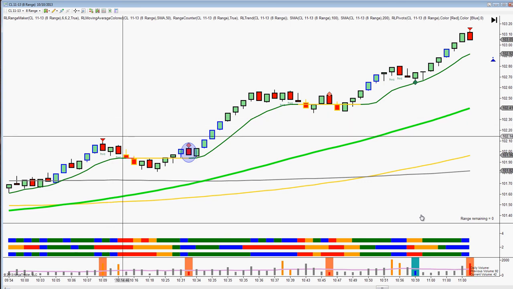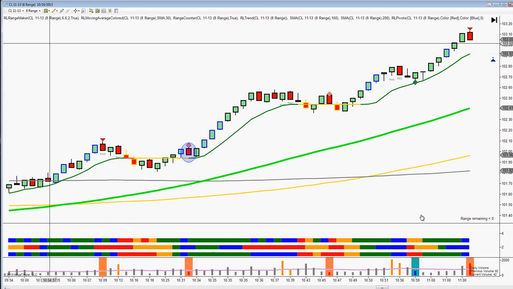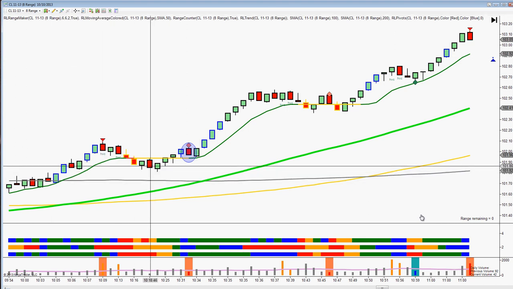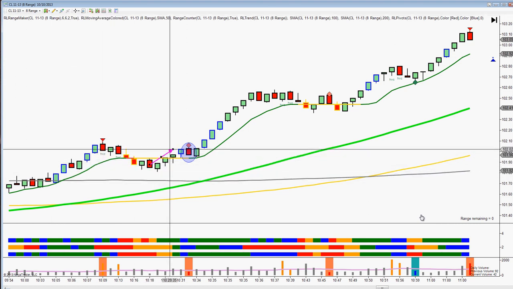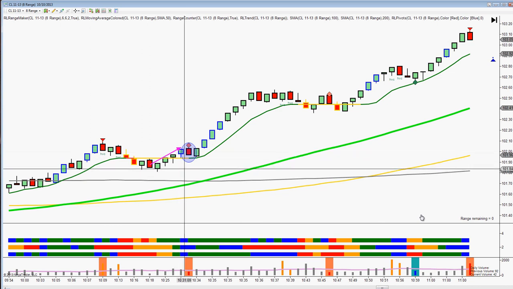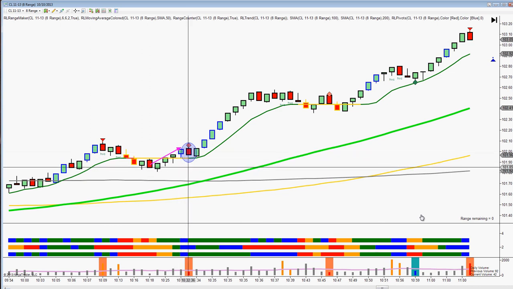Now, what happens here is the market is moving to the upside. Buyers are in control. What happens here is sellers try to take over.